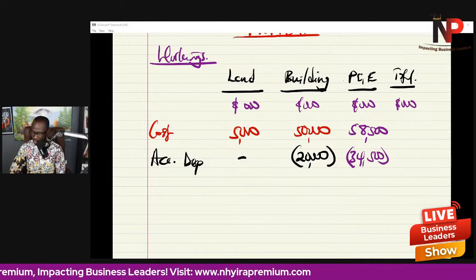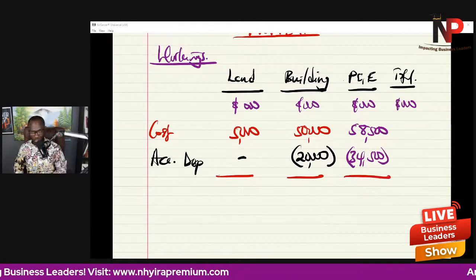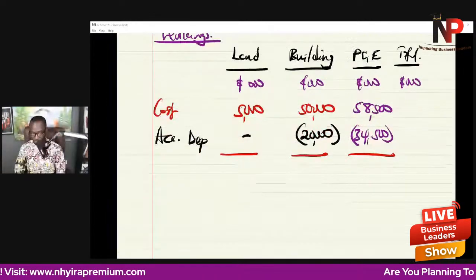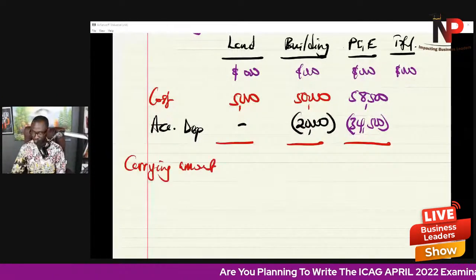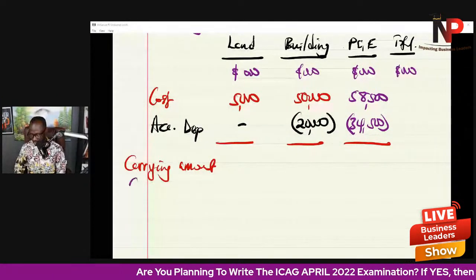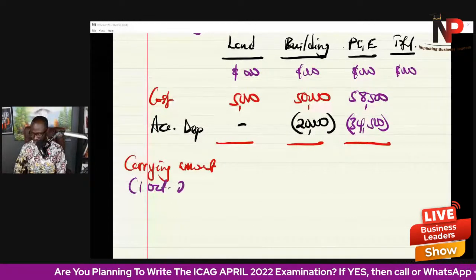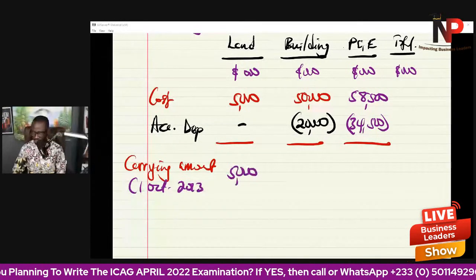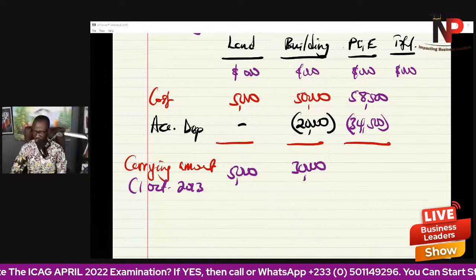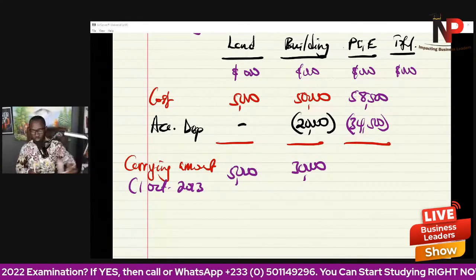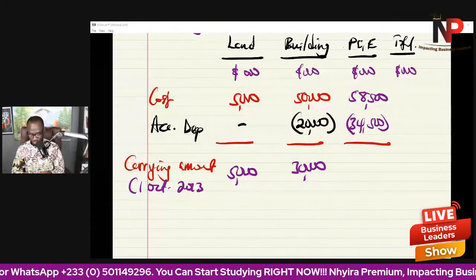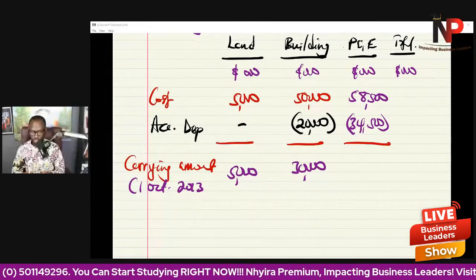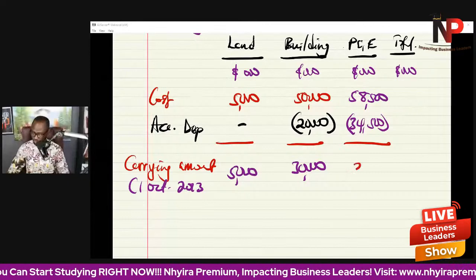So let's get a carrying amount as at the beginning of the year. So carrying amount, and that's at 1st October 2013. Land is still 5,000, but our building is now going to be 30,000. Then let's do the PPE, 58,500 minus 34,500. I'm getting 24,000.